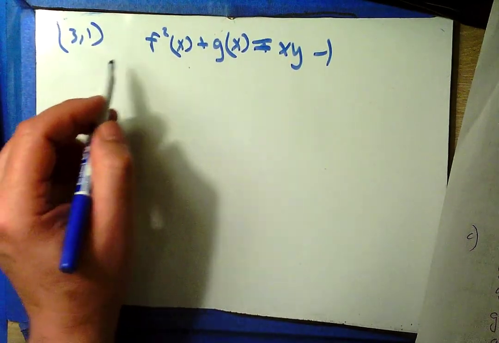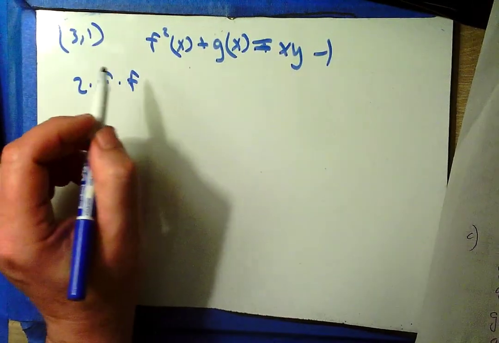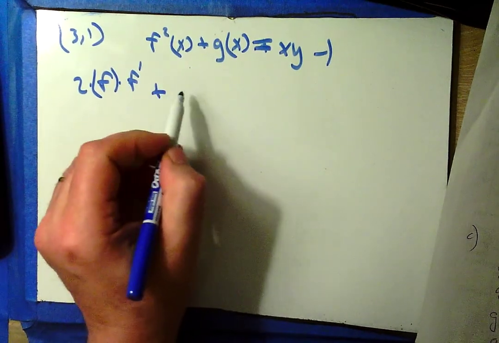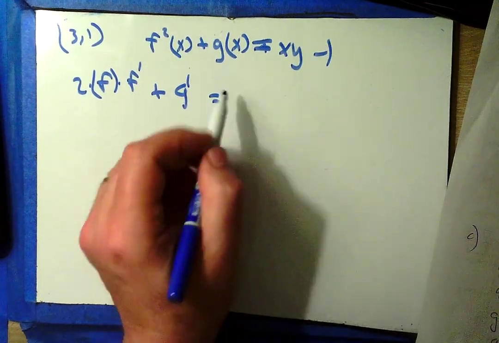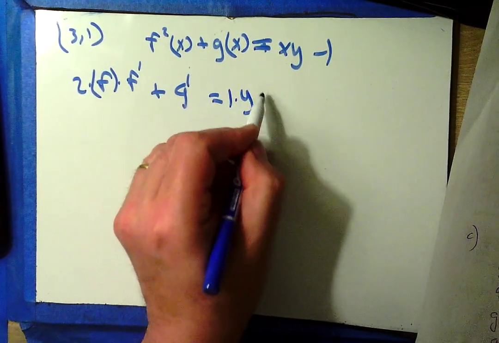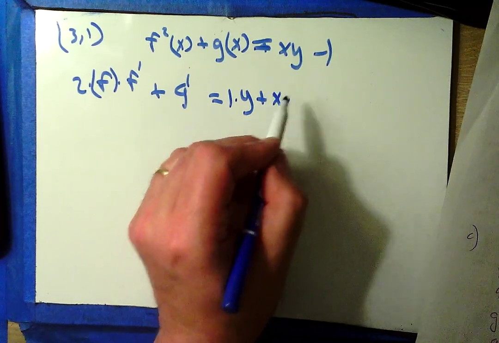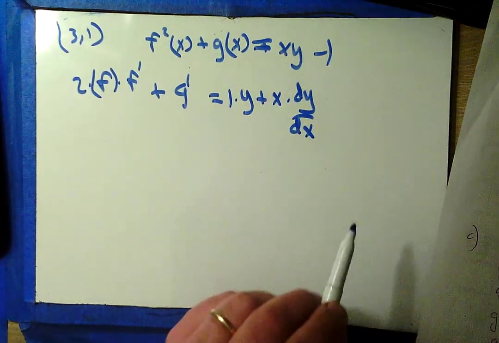Okay, so the derivative would be 2 times f times the derivative of the inside function f prime plus g prime equals, the derivative over here is going to be 1 times y, product rule, plus x times dy dx, and the derivative of that is 0.